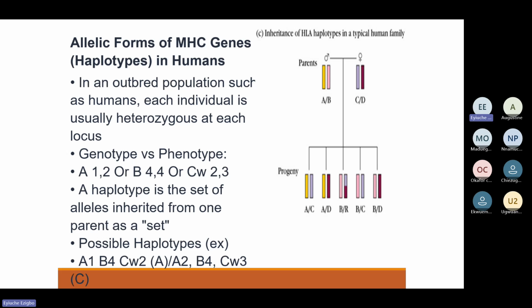This is how the gene is inherited. You inherit everything from your parents, from the paternal and maternal side. You can see the progeny expressing each of them because the gene is codominant. Each gene that is inherited is expressed on the progeny.